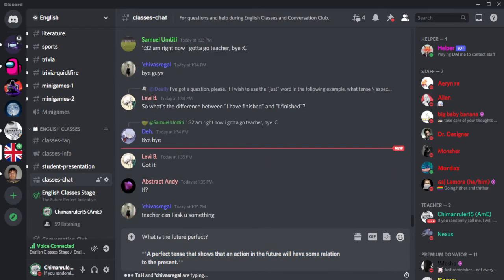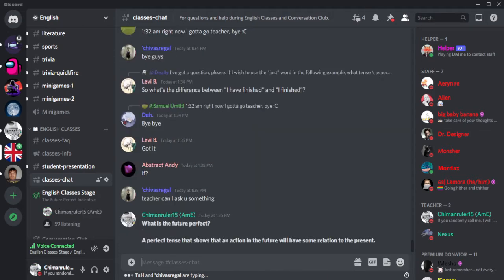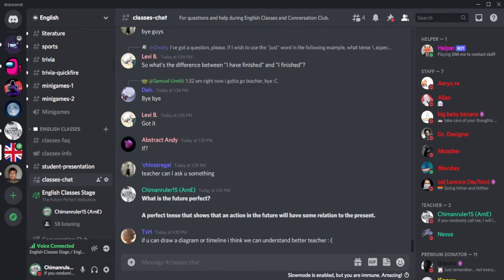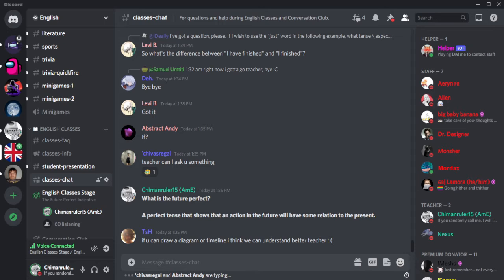A perfect tense that shows that an action in the future will have some relation to the present. And you'll see what I mean. I could draw a diagram or a timeline. That could work. In fact, I was planning on doing that, but for some reason I forgot to, so oops.